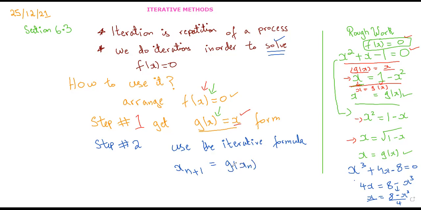Now what is this? Don't worry. Here we got this g of x equals x. The only thing you need to do is add n plus 1 here and add n here. Now what this exactly is, you'll get to know shortly. The only difference in step 2 and step 1 is that here we have written n plus 1 with this x, and here we have n with this x. So you should know this iterative formula.